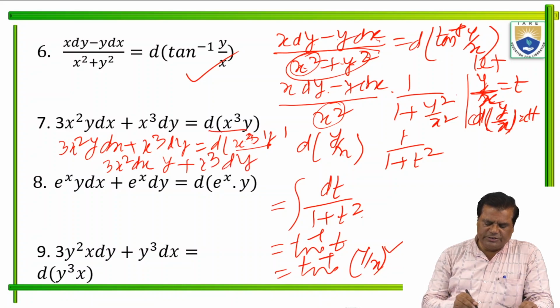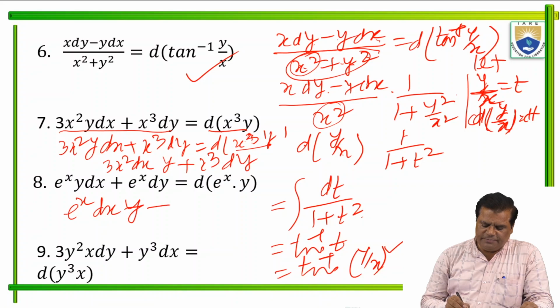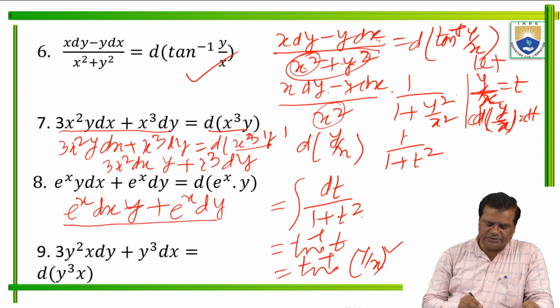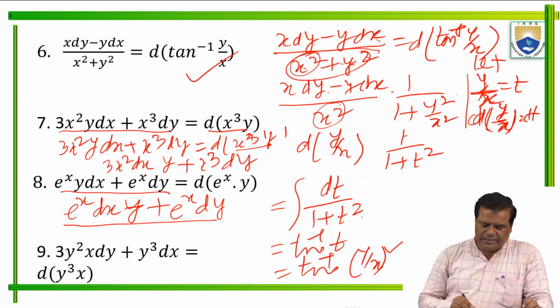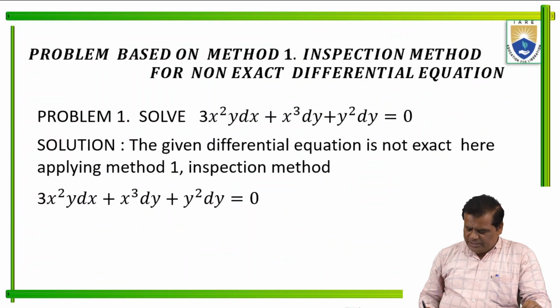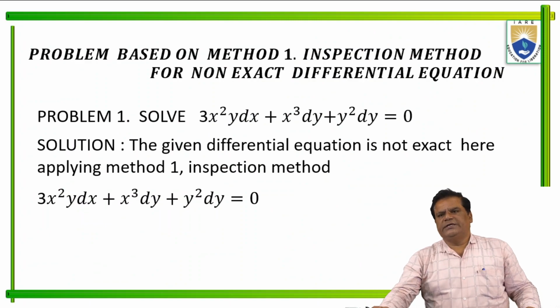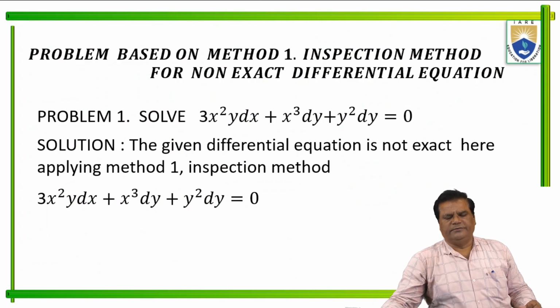So this result is equal to this. Similarly, e to the power x: the differential of e to the power x is e to the power x dx, with y constant, plus e to the power x constant times dy. There are several formulae based on the inspection method.